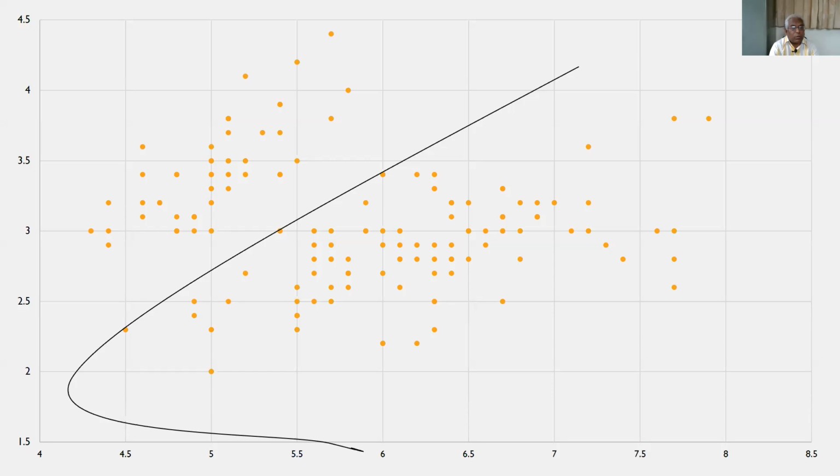Now, when we say we want to classify, that means we want a certain criteria. By that criteria, we can say that this object belongs to this class, this object belongs to this class.